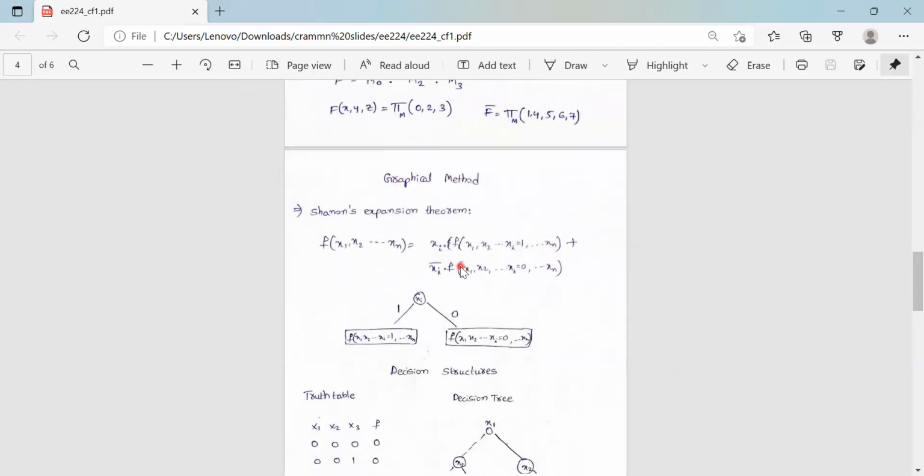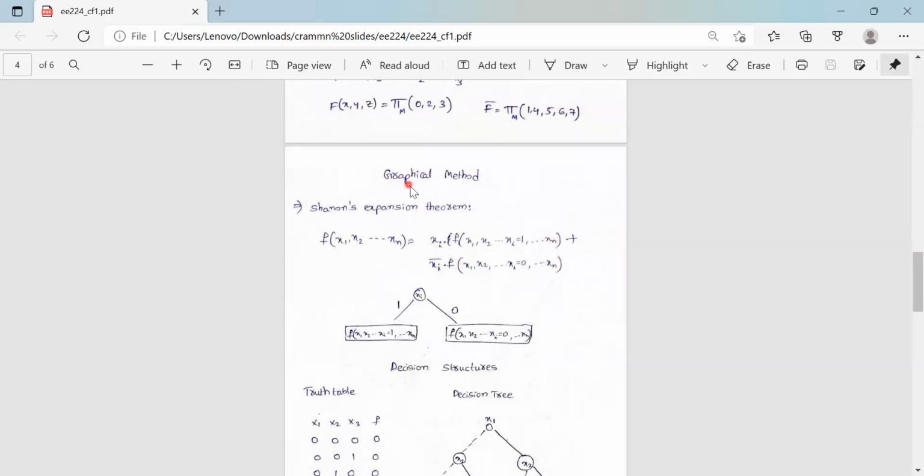The fourth type of canonical form is the graphical method. Before discussing the graphical method, let's discuss a theorem called Shannon's expansion theorem. Any function can be defined as xi times the function with xi equal to 1, plus xi bar times the function with xi equal to 0.